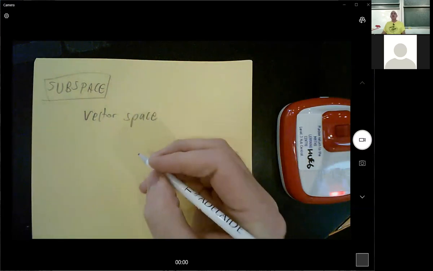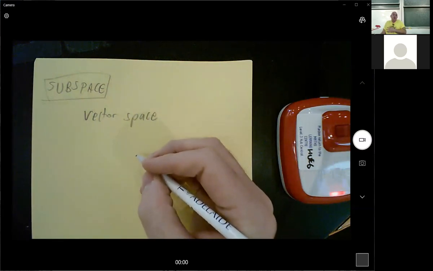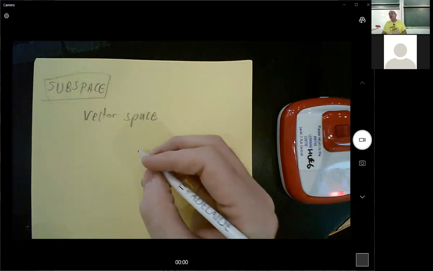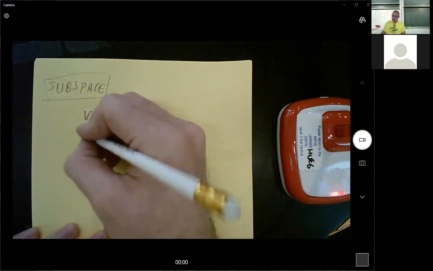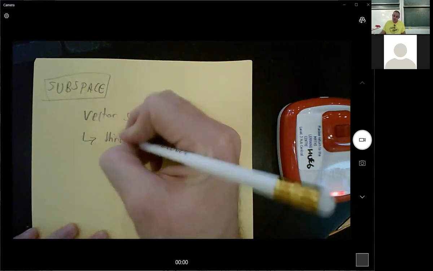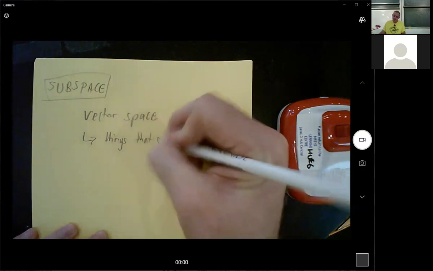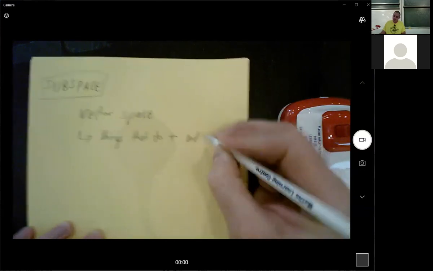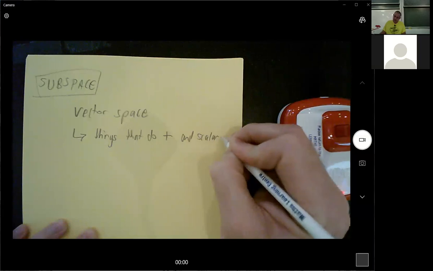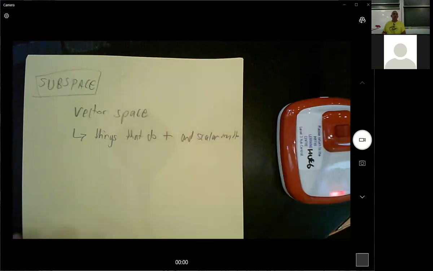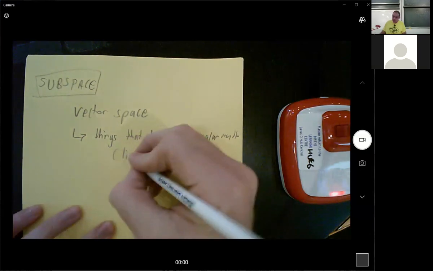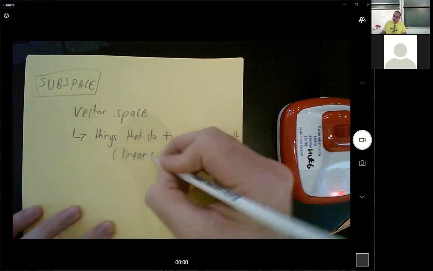A vector space is made of things which I choose to call vectors that do addition and scalar multiplication. Which means they're things that do linear combinations, right? Because a linear combination is both of those at the same time.